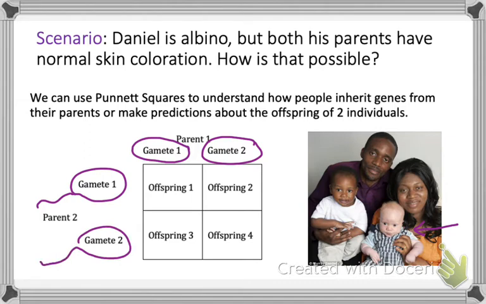And then you would always, in order to make the offspring, go from what's above and what's to the left. So 1 and 1 would make offspring 1. Okay, offspring 2 is made from gamete 2 from parent 1 and gamete 1 from parent 2. So it's always above and to the left. That is how you figure out and fill in your Punnett squares.